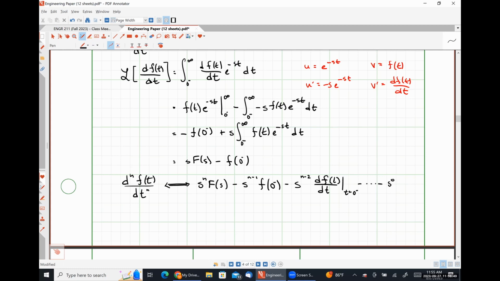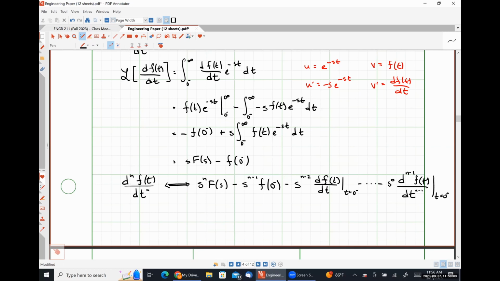So effectively, we wind up with 1 times the n minus 1th derivative of f of t with respect to t, evaluated at t equal to 0.